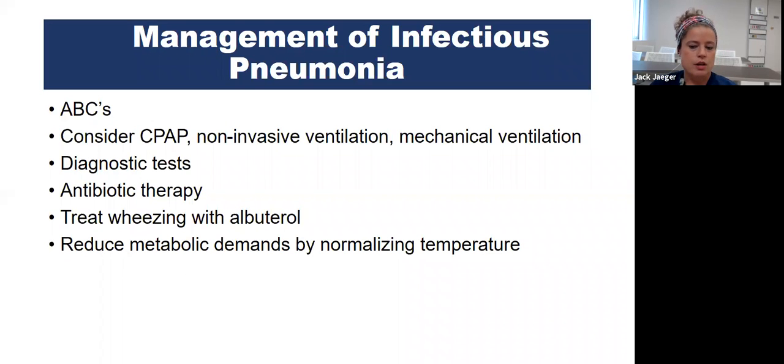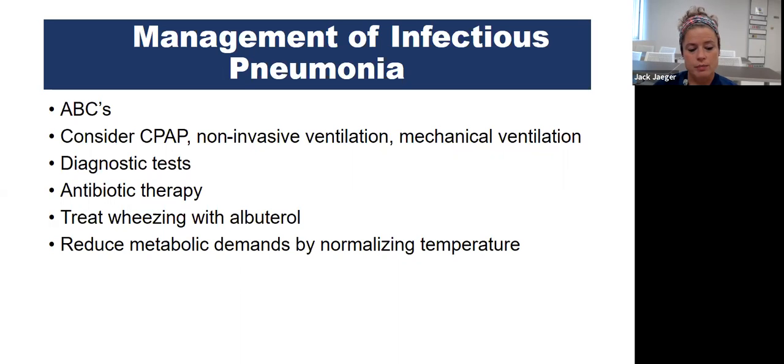So management of infectious pneumonia, of course, first are your ABCs. You want to consider CPAP, non-invasive ventilation, or mechanical ventilation. Diagnostic tests: your CBC, chest x-ray, maybe swabs to rule out some things and decide your treatment from there.